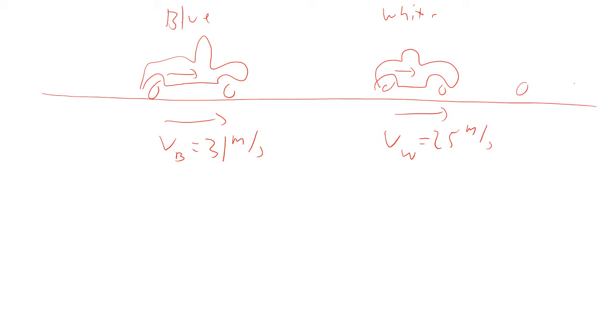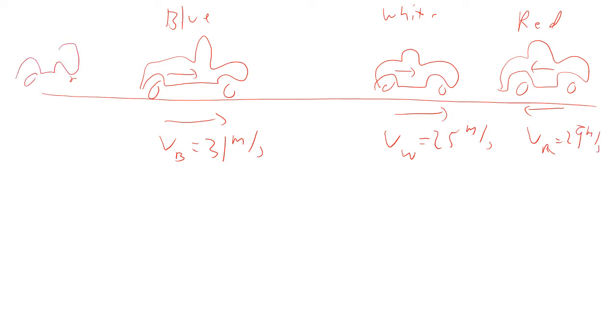On the other side of the road is a red car, and the red car is moving in the opposite direction and is moving at 29 meters per second. Already past this is another car, and let's say this car is an orange car.